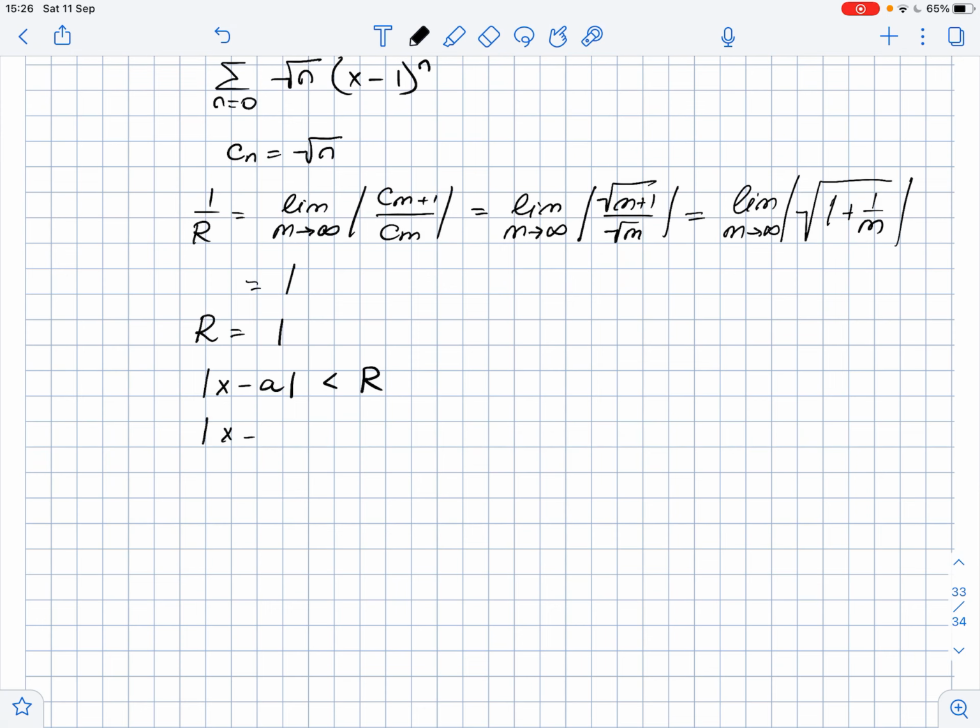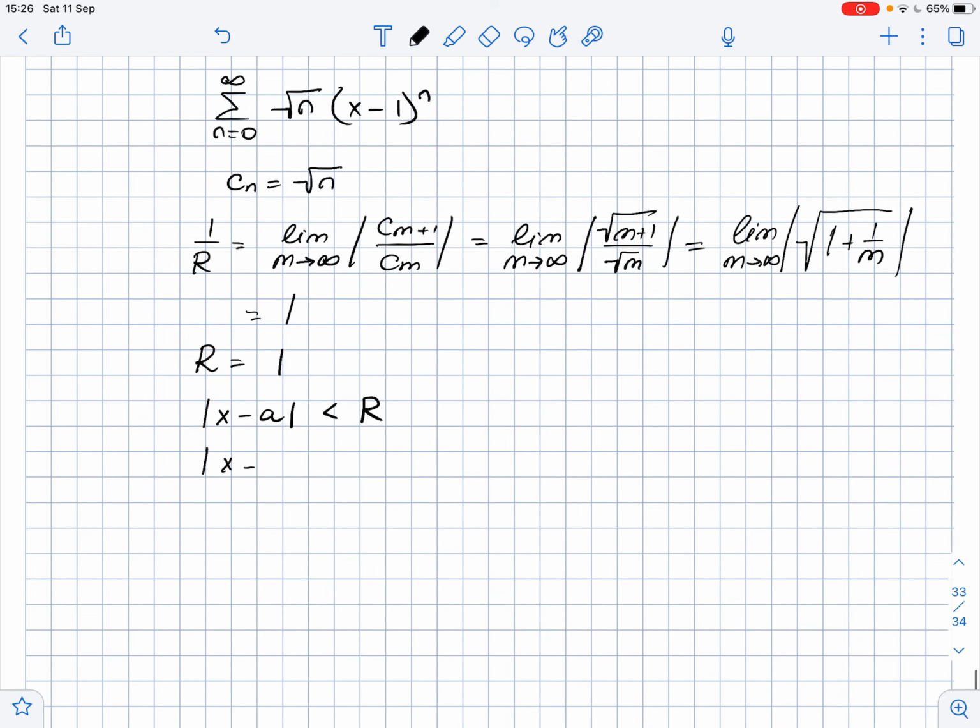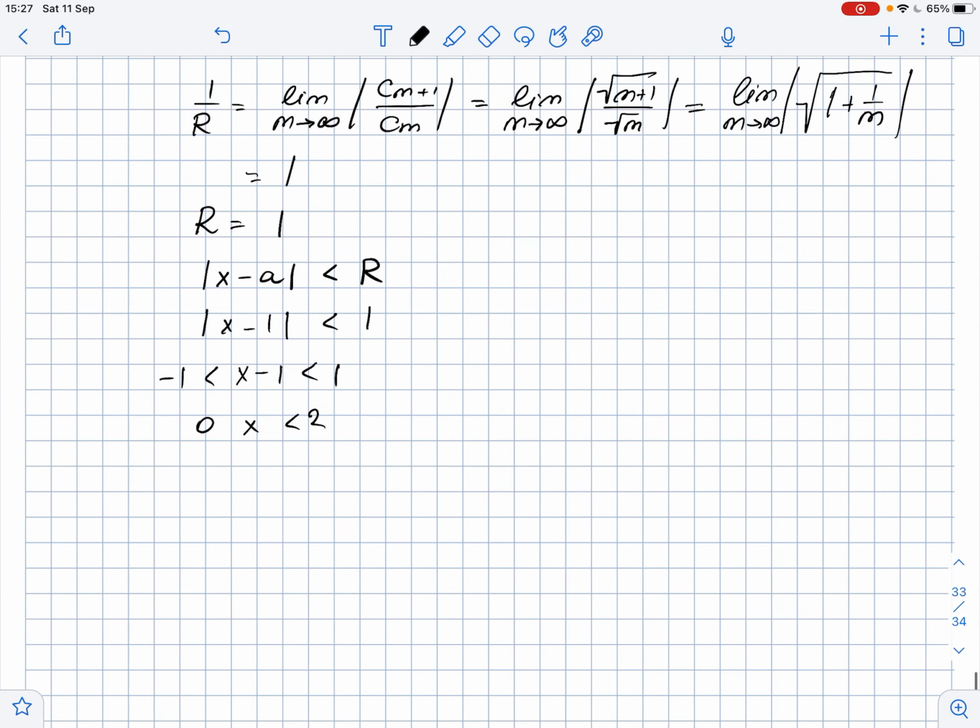So we get that x minus a, where a is the center of the series, so x minus 1 is less than 1, so x minus 1 lies between 1 and negative 1, then x lies between 2 and 0. Now we need to check endpoints.